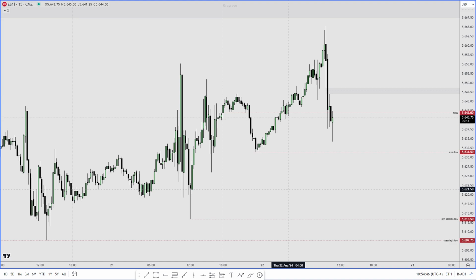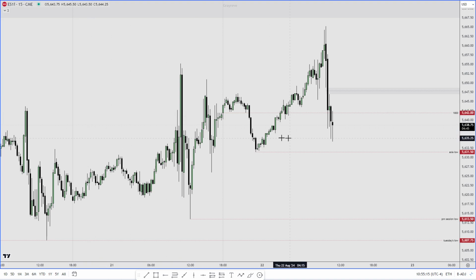Right, so because we could possibly SMT this lows and then run for the highs, because right here this shaded area is a new week opening gap. The fact that it has just left it like this, it looks pretty suspicious, but because it is a Thursday, I didn't mind taking the short down into Asia's low.